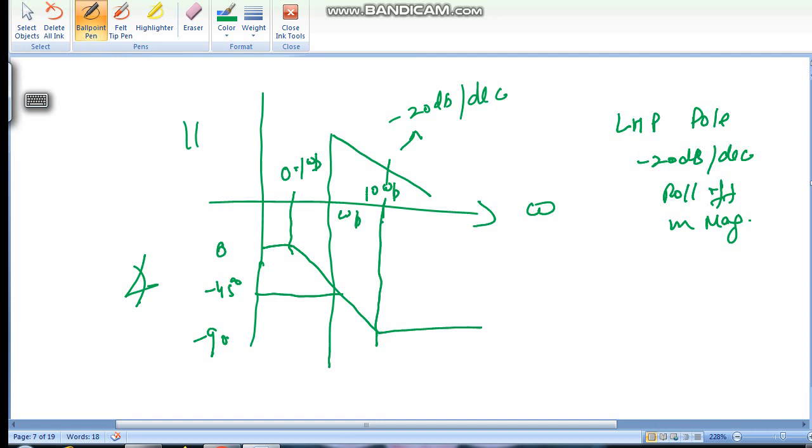And the phase shift due to a left hand plane pole is minus 90 degrees. So there is a degradation of phase by minus 90 degrees, and at omega p the phase will be degraded by minus 45 degrees.